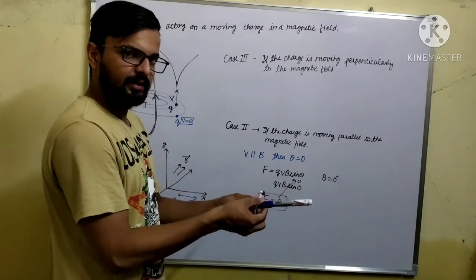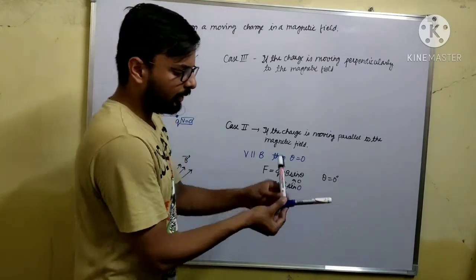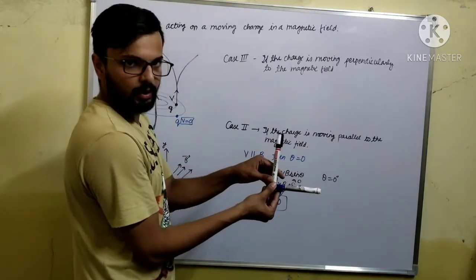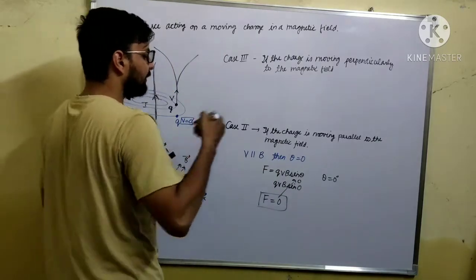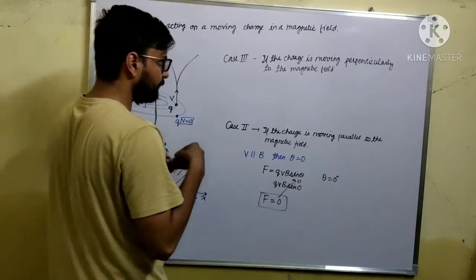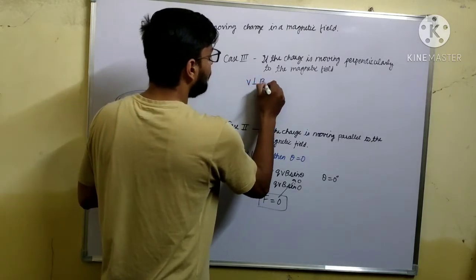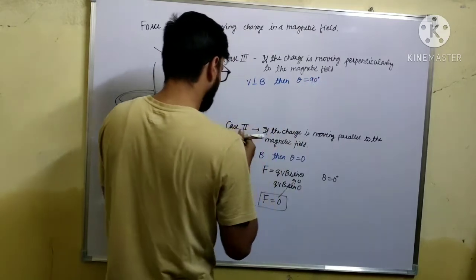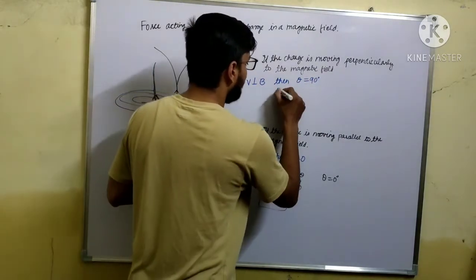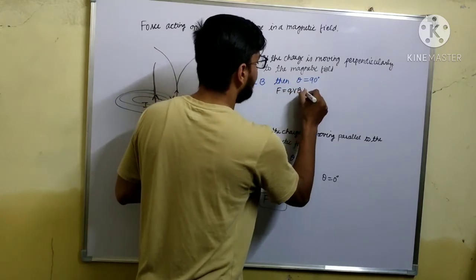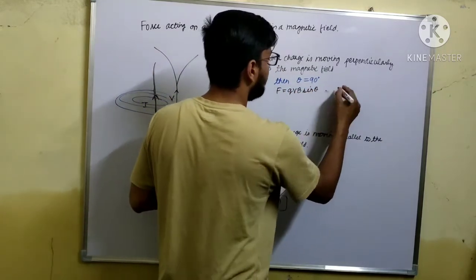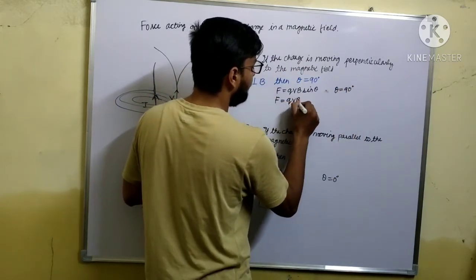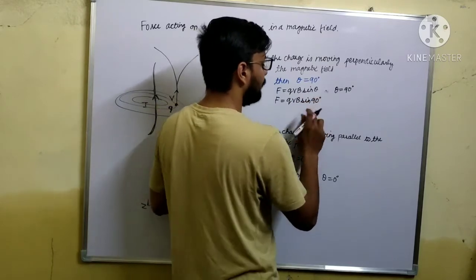So this is the z-axis and this is the x-axis. So the angle between the velocity and the magnetic field is 90 degrees. If V is perpendicular to B, then theta will become 90 degrees. So from the formula F is equal to QVB sin theta, theta is 90 degrees, so F is equal to QVB sin 90, and sin 90 you know is 1.